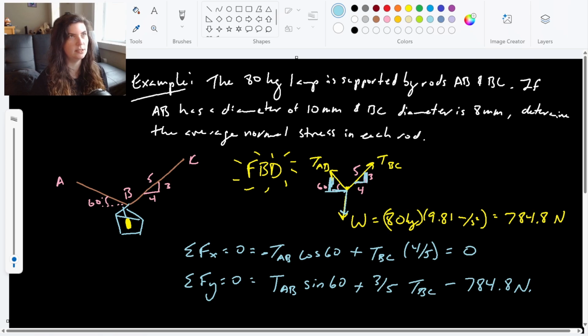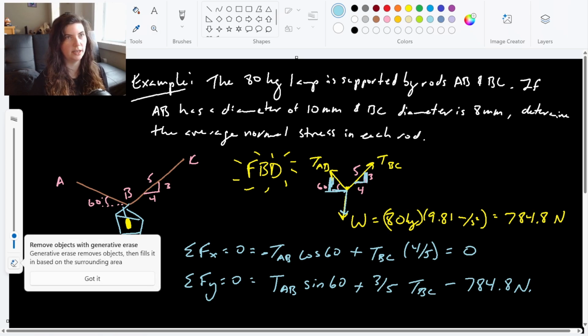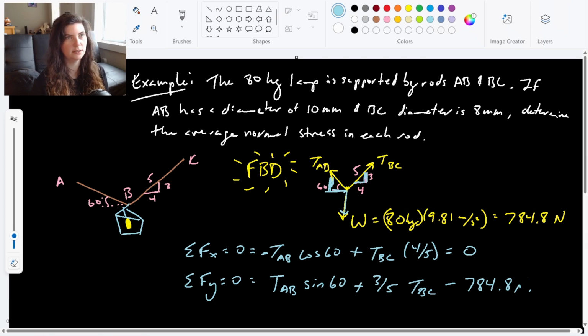I'm not going to put my units in there, so I don't get confused and think that that's a variable. I know it's all in newtons, it's all the force. So that equals 0.